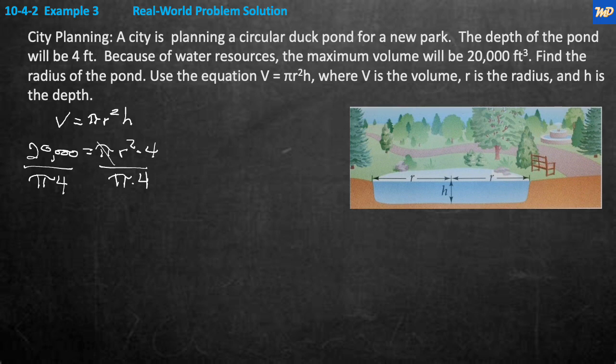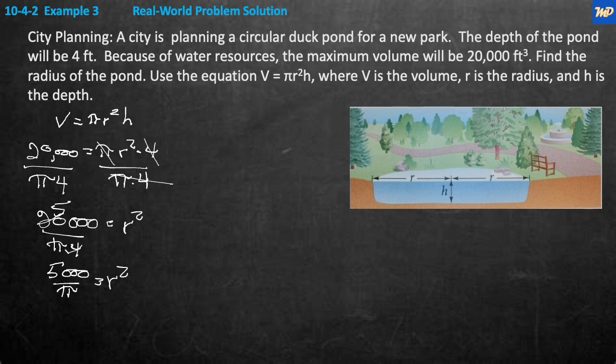Now the pi and the 4 disappear, and we end up with 20,000 divided by pi times 4 is equal to r squared. Well, we can take the 4 out of the 20,000 and get 5,000. So we're going to have 5,000 divided by pi is equal to r squared.